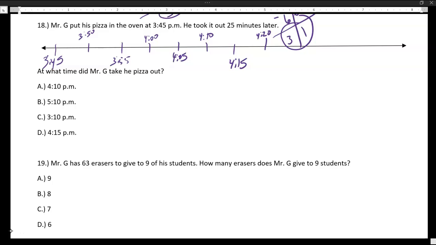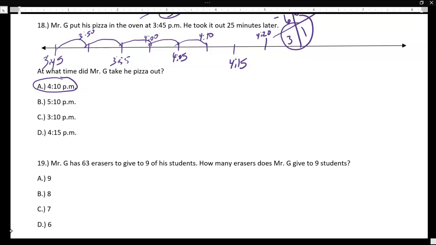So what are they counting by? 5. They're counting by 5s. So can we use the number line to help us find 25 minutes? Yes, watch. 5, 10, 15, 20, 25. There's your answer. What did I get to? 4:10. So my answer is A.